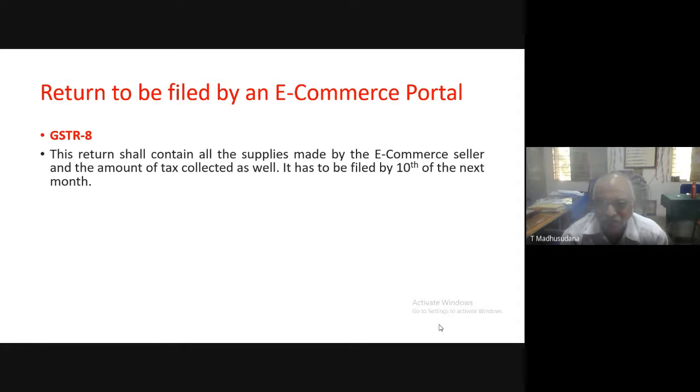This return shall contain all the supplies made by the e-commerce seller and the amount of tax collected as well. It has to be filed by 10th of the next month.